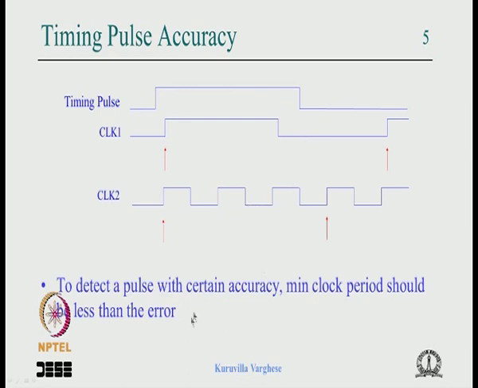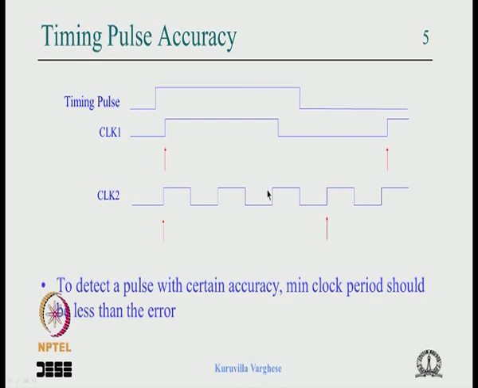That is what I mean by this. And this situation arises when you have an event and the controller has to respond to it within a certain time. It is nothing to do with the pulse width; maybe the pulse itself remains high for a long time.